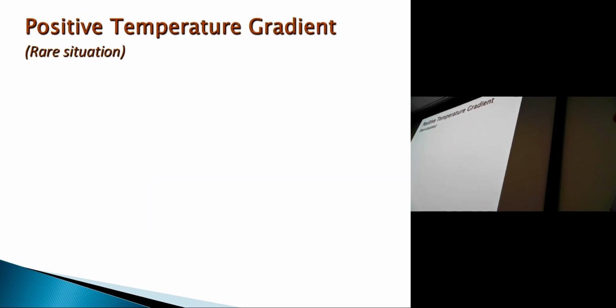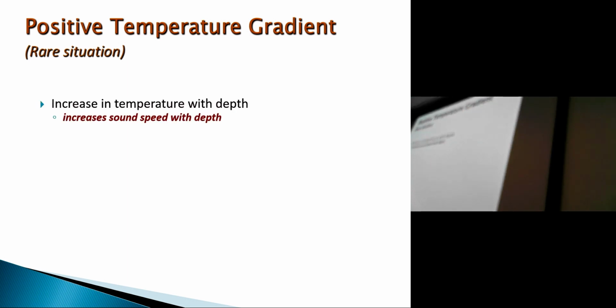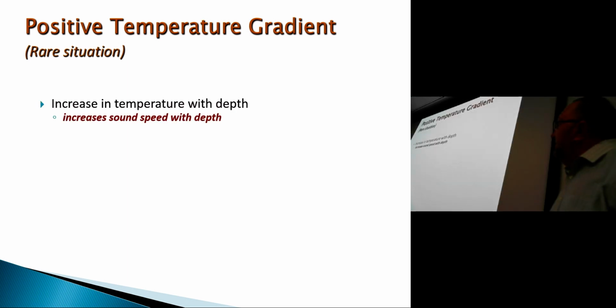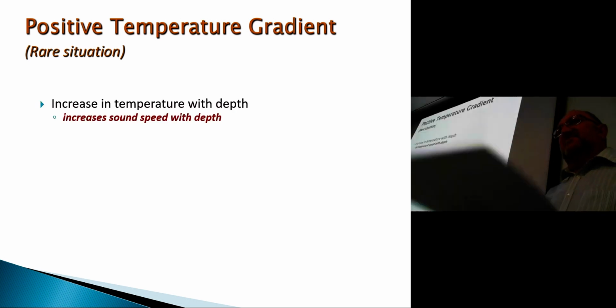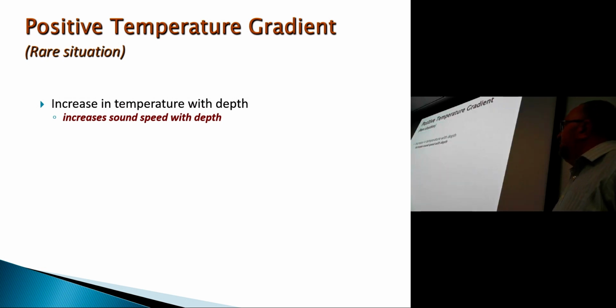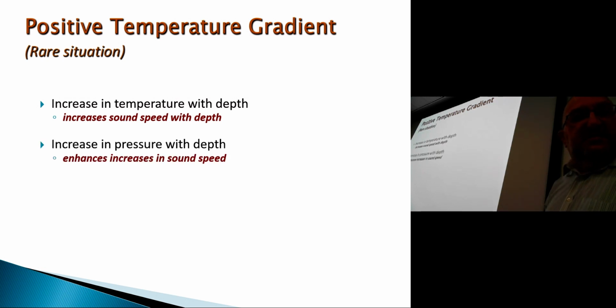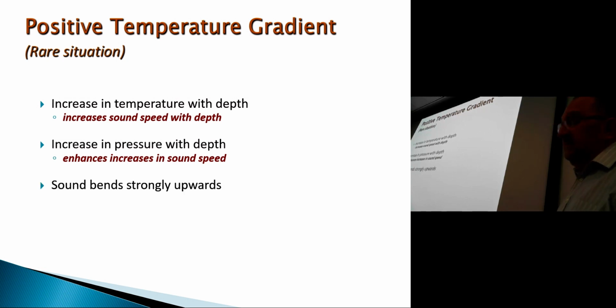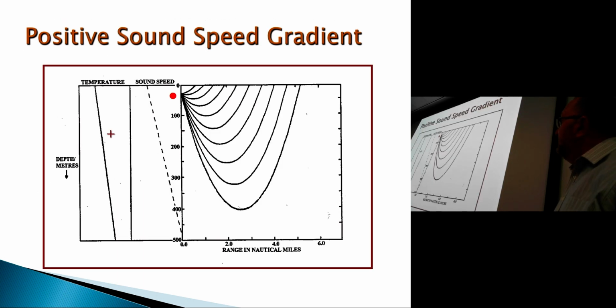If we had this positive temperature gradient, where we've got an increase in temperature with depth, I'm using the outflow of Gibraltar, so you've got an increase in sound speed with depth. You've also got depth causing the sound speed to increase. So what happens is that you have a profile that looks like this.